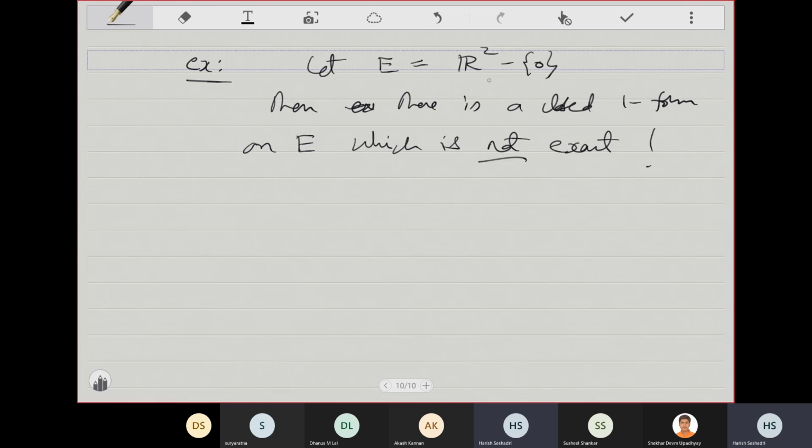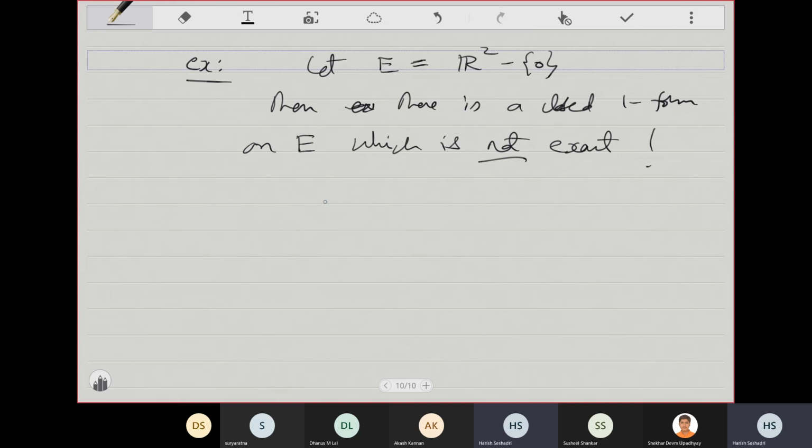This of course is not convex, E is R2 minus 0. But actually convexity is not the right thing; the point is that it somehow depends on the underlying open set whether closed forms are exact or not.